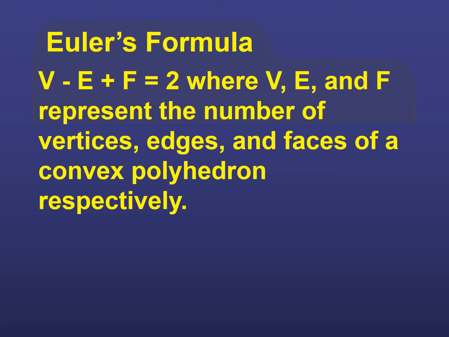So if I knew how many edges something has and how many faces something has, then I could figure out how many vertices that polyhedron has. And likewise, if I knew the vertices and the edges, I could figure out the faces. So all you have to do is plug in what you know and then solve the equation to figure out what you don't know.